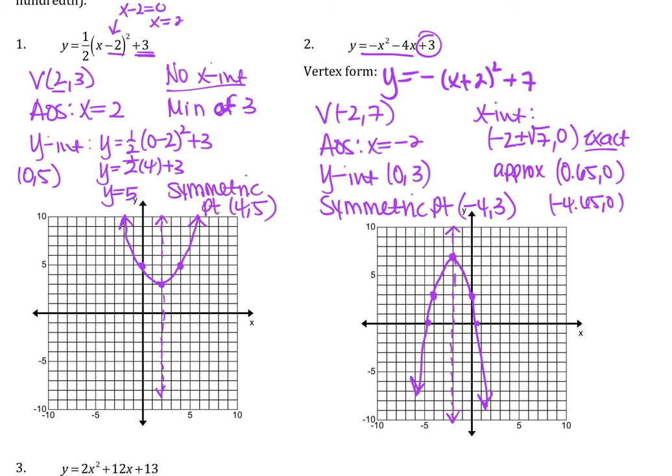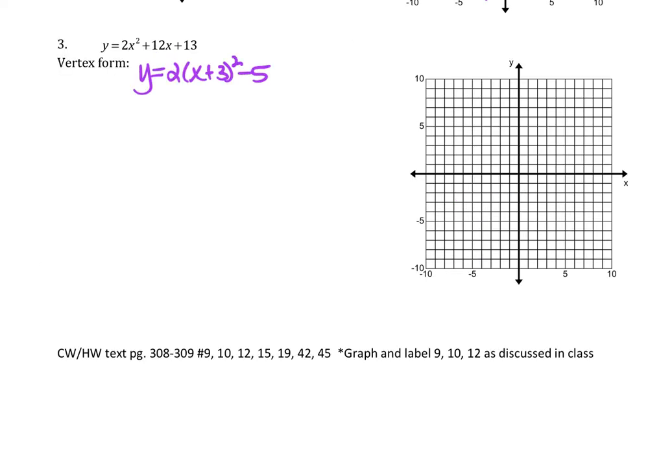This one, because it's opening down, we end up with a maximum value. So the highest point here is 7. So we have a max of 7. Now one last one here. On this one we have a vertex of -3, -5. An axis of symmetry of x equals h, -3.